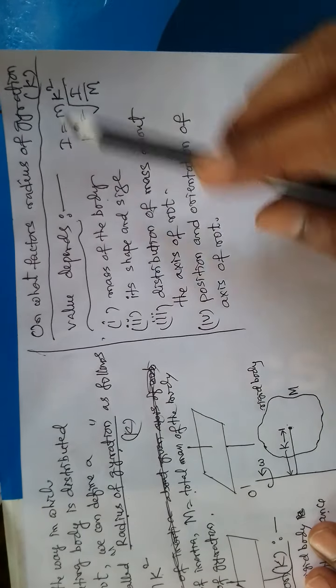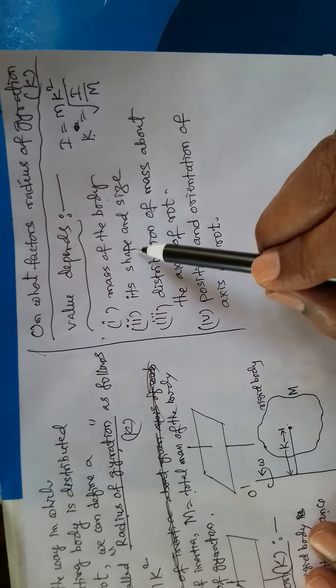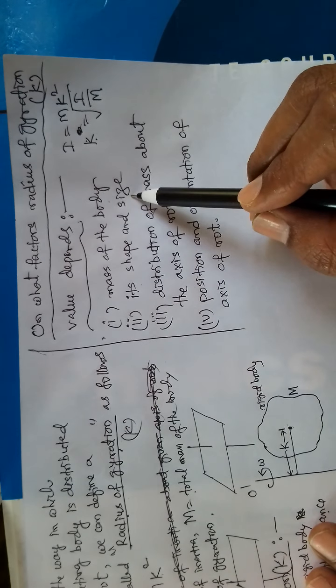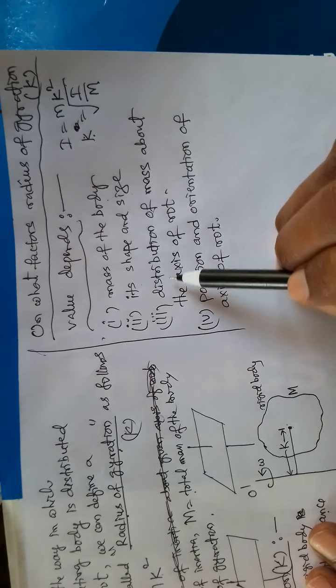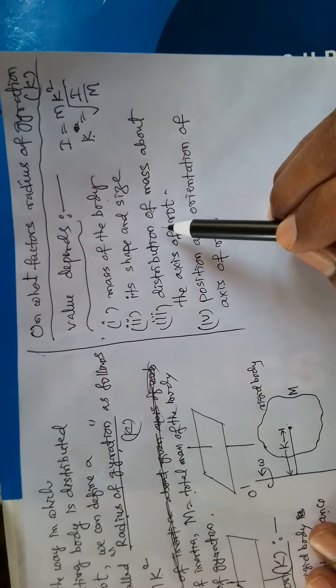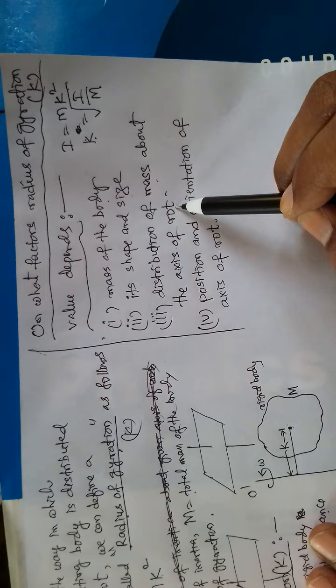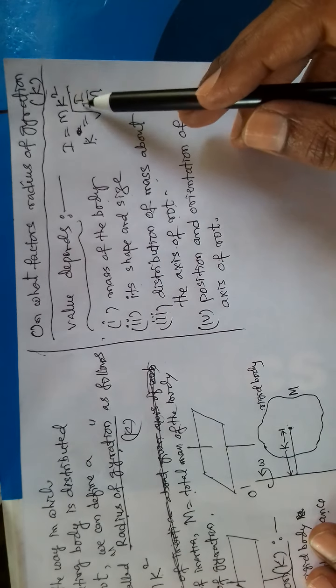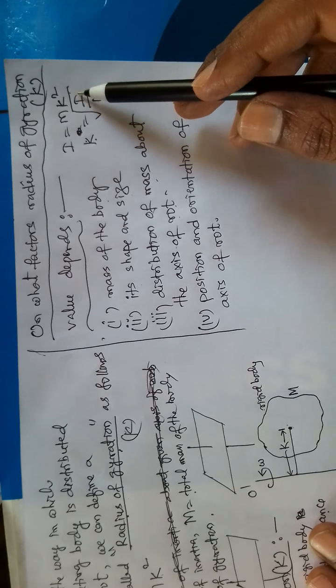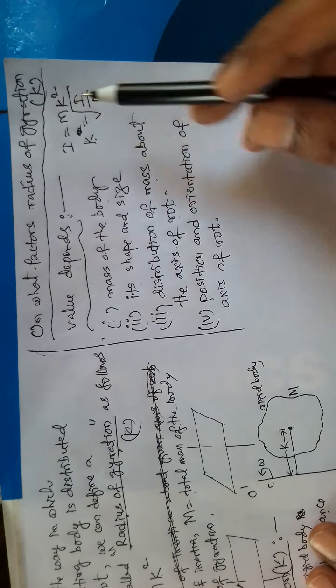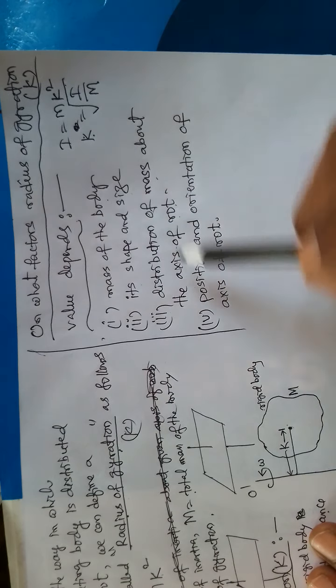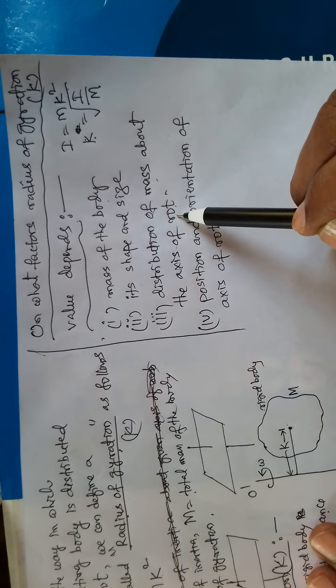Second, the K value depends upon its shape and size. Third, it depends upon the distribution of mass about the axis of rotation. This is related to the I value, because the I value changes with the distribution of mass about the axis of rotation.